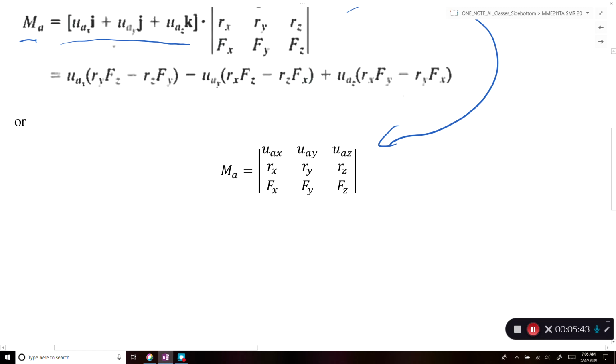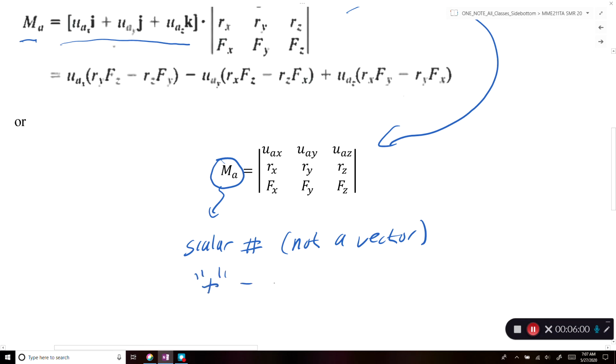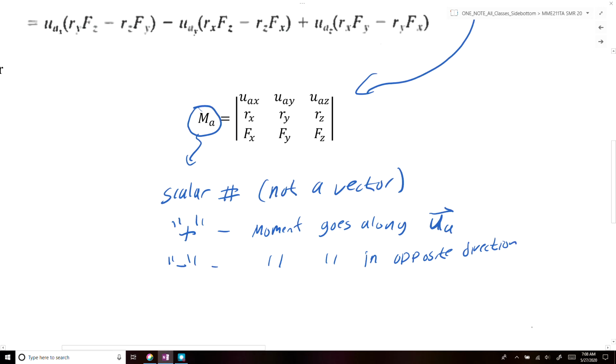One thing I would like to point out is that this M of A is a scalar number. It is not a vector. If the number turns out positive, the moment goes along the defined axis direction, and if it's negative, the moment goes in the opposite direction.